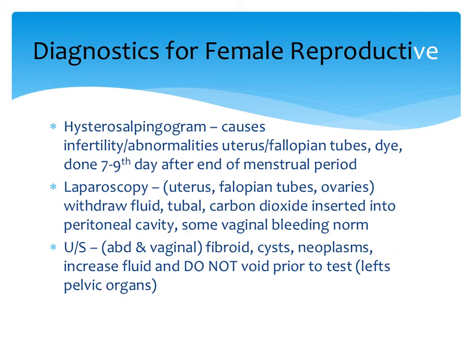Then the patient can have a laparoscopic test. This is where we're going in to visualize the organs of the peritoneal cavity. So we're looking at the uterus, fallopian tubes, and ovaries. They can withdraw fluid. They can do a tubal ligation. A lot of times, if you're on postpartum, you may have a patient who has 3 children and no longer desires to have any more children.